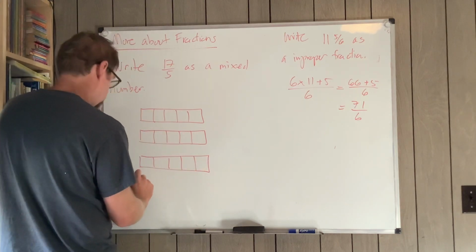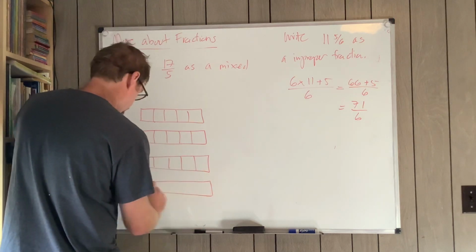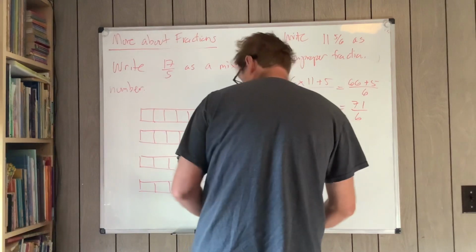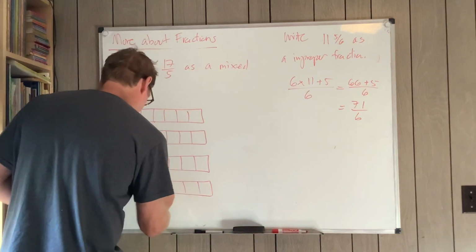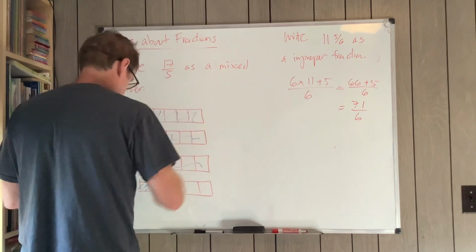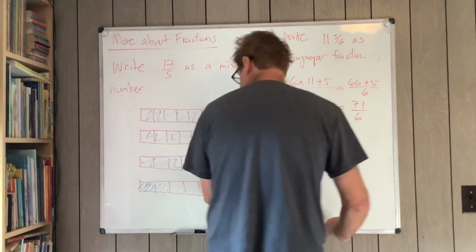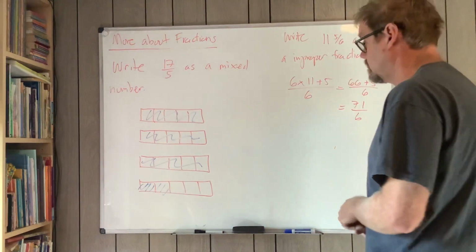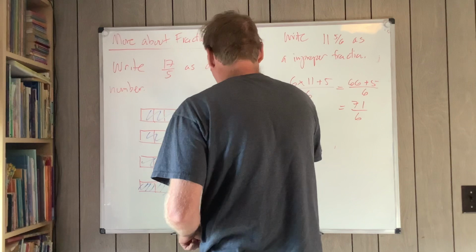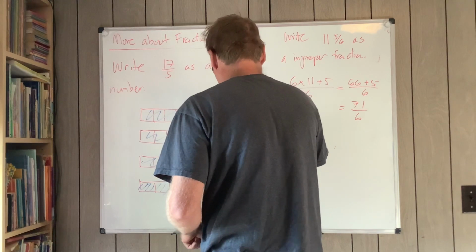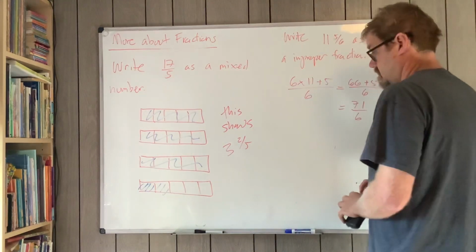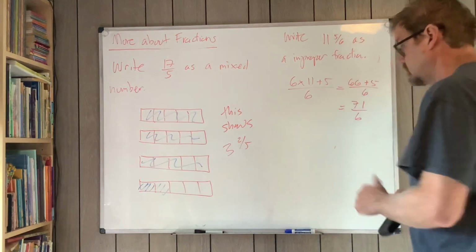There's 15. And then there's 17. Okay. So I have 1, 2, 3. So this shows 3 and 2/5. Good. All right.